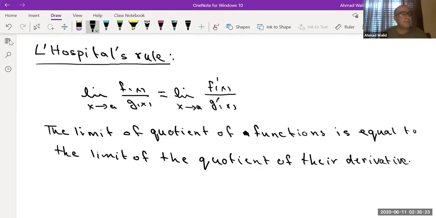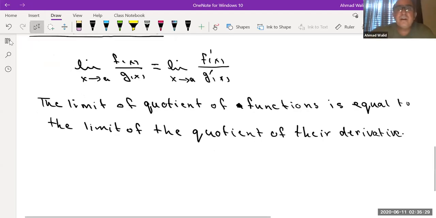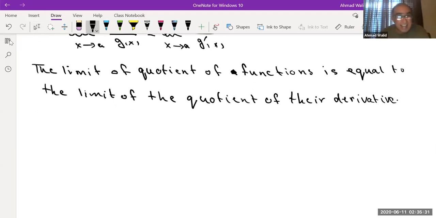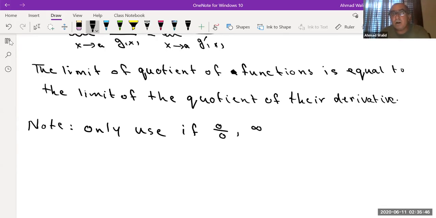This L'Hopital's rule helps us a lot to deal with indeterminate forms of the limit, but again, I will put a note here for you: only use it if you have 0 over 0 or infinity over infinity.